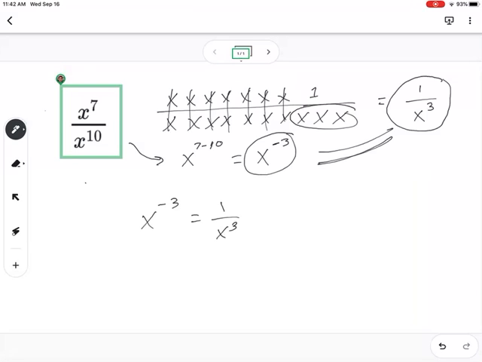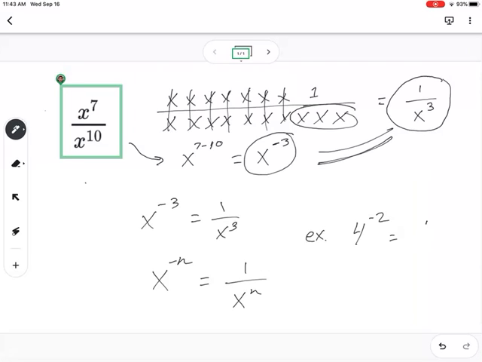The rule says that if you have any base, x, to any exponent that's negative, like negative n, it can be rewritten as the reciprocal, 1 over x to the positive n. So an example would be, if you have 4 to the negative 2 power, that doesn't mean 4 repeated negative 2 times, because that's impossible.